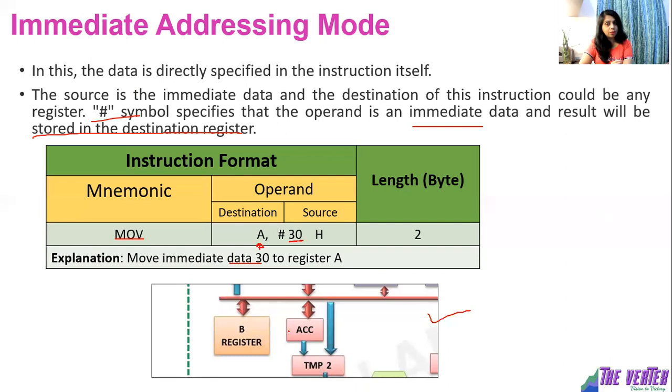Suppose this is the accumulator register, which is also known as register A. After execution of this instruction, the 30 will get transferred into the accumulator. This 30, which is data, will get copied into this accumulator register, that is register A. Why register A? Because on the destination side we have written register A. If I write B here, then it will get transferred to register B.